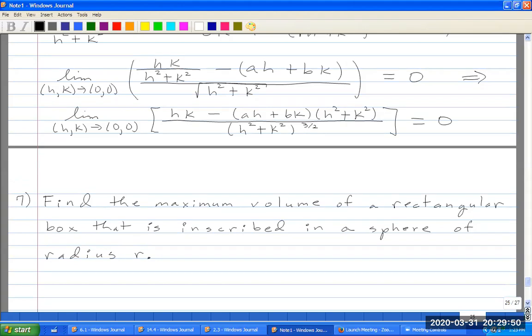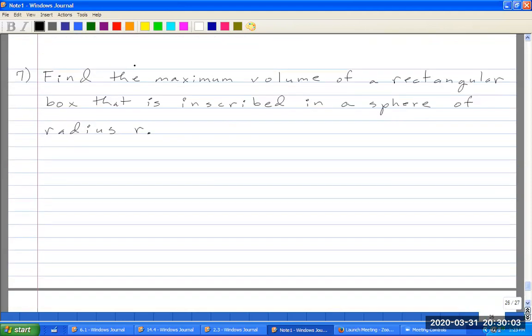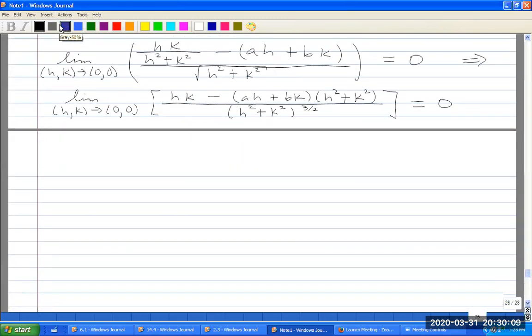So let's look at some sort of limit here as h goes to 0. Let k equal ch.